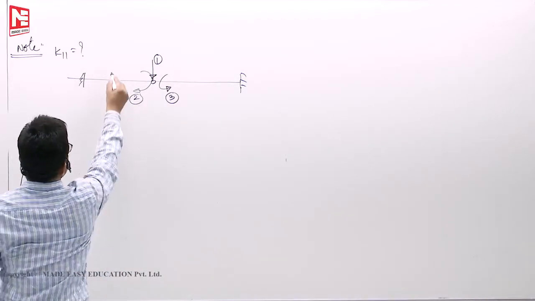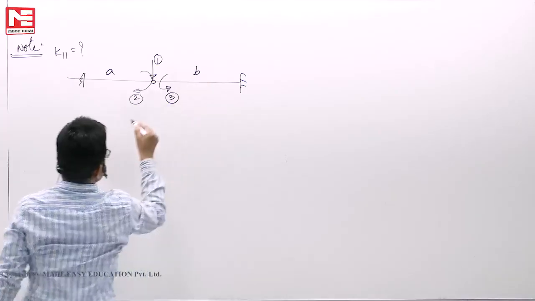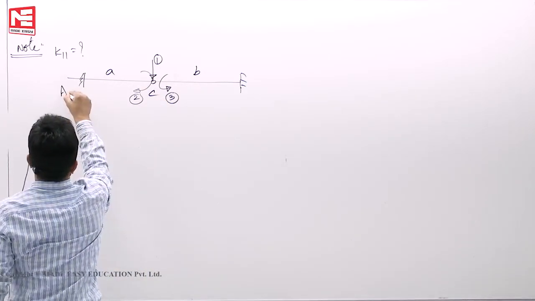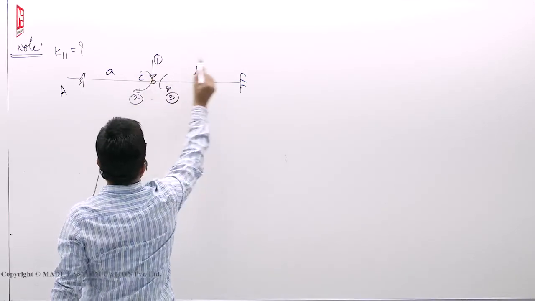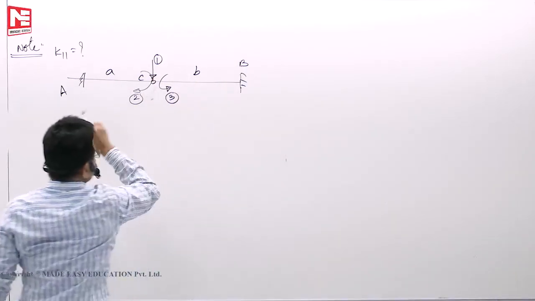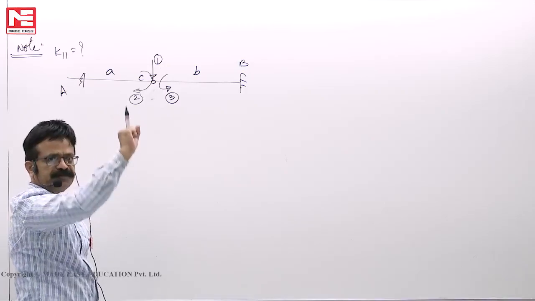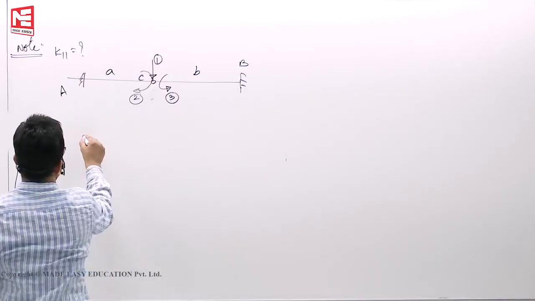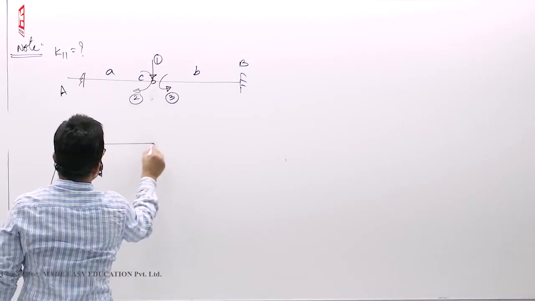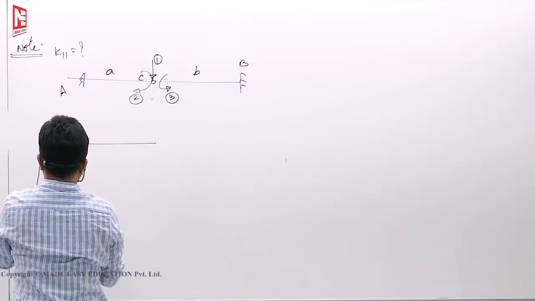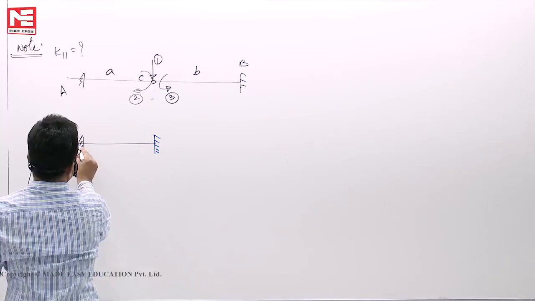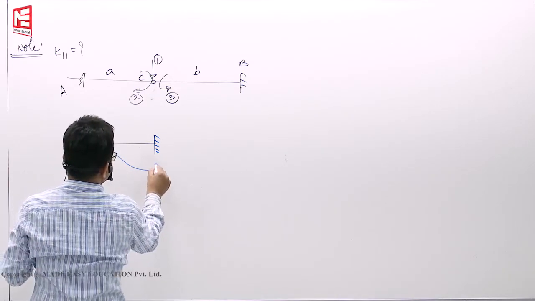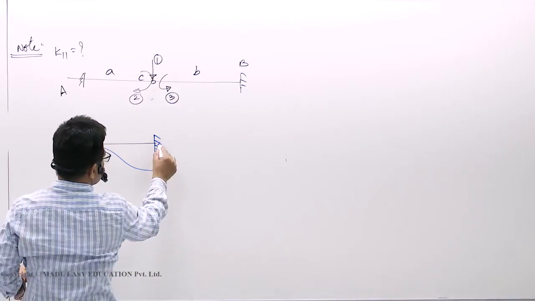So when you are fixing them, A, B, let us say this point is C, this point is B. Now fix all the coordinates, push it down by 1. Now you have to fix it here, a symbolic representation of fixing all the coordinates. Now give unit displacement like this.